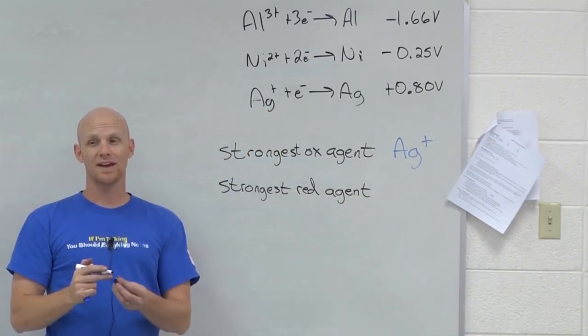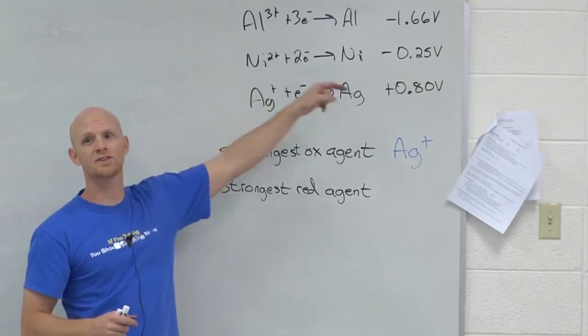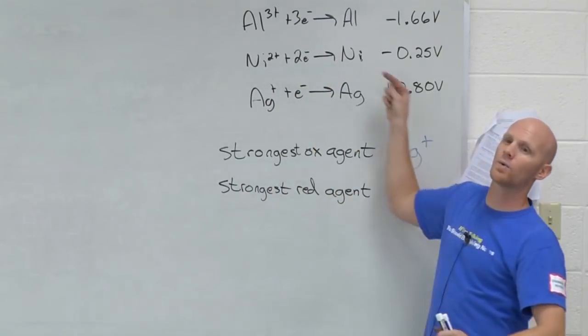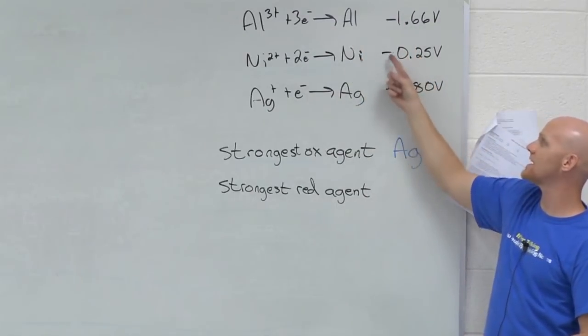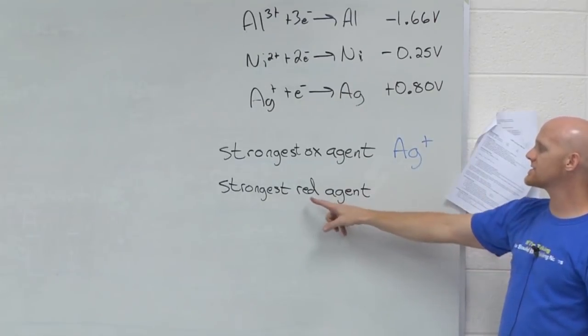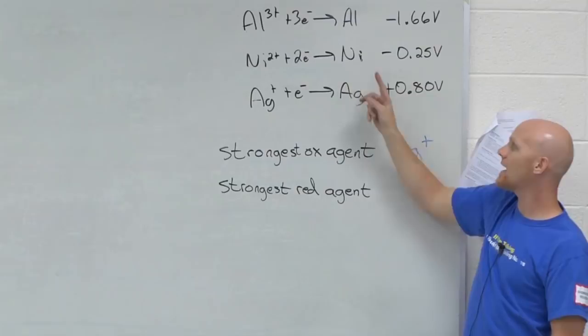Now that I'm talking about the reducing agent, I've got to talk about things that get oxidized. But these are all reductions. So I'm not looking at these 3 reactions. I have to look at them all backwards, running in reverse. And if I'm looking at them all running in reverse, what does that do to all the signs? Flips them all. And so in this case, my only possible answers for strongest reducing agent are Al, not Al3+, Ni, and Ag.